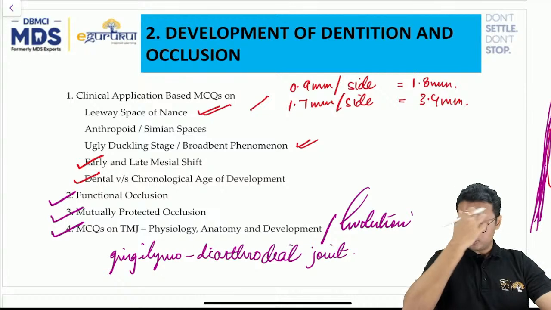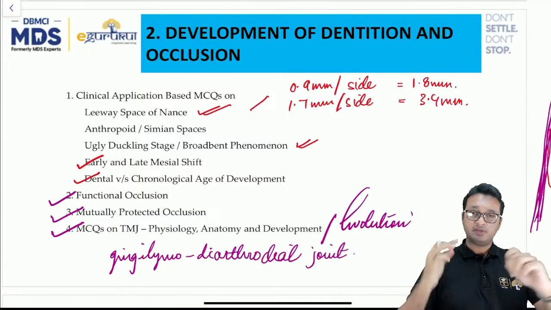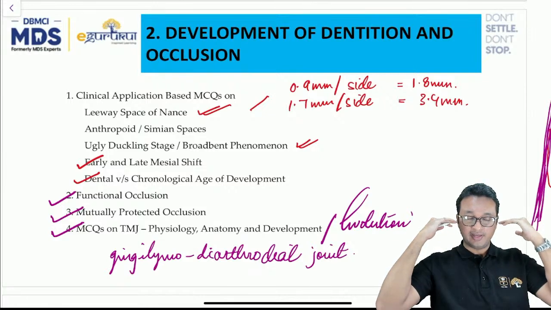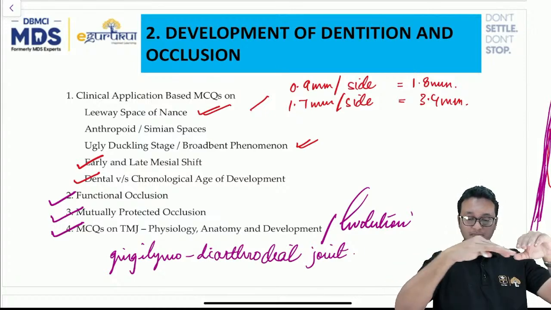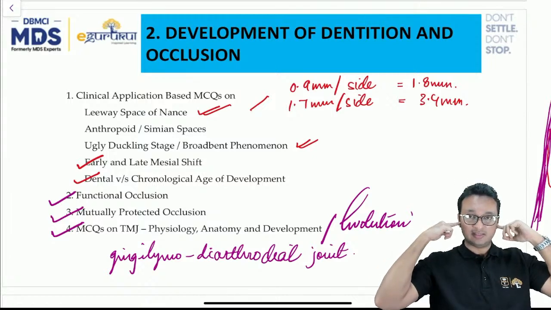So you will be asked questions about the movements of the temporomandibular joint, which we have already discussed. We have the hinge movement up to a certain extent, with the horizontal axis, the intercondylar axis, initially placed here.